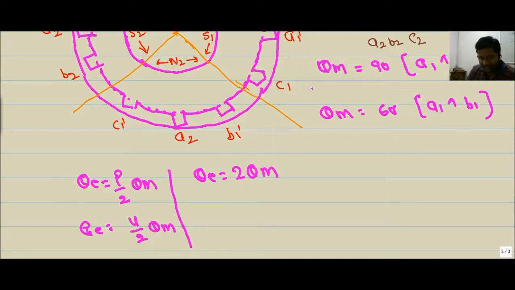Considering case 1, theta electrical equals 2 times 90, which is 180 degrees, between A1 and A1 dash.